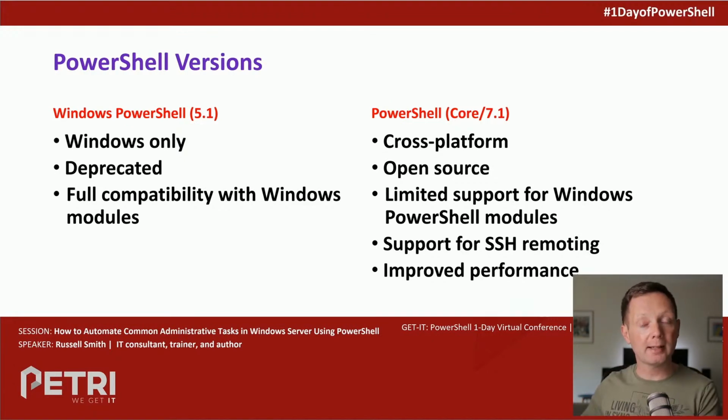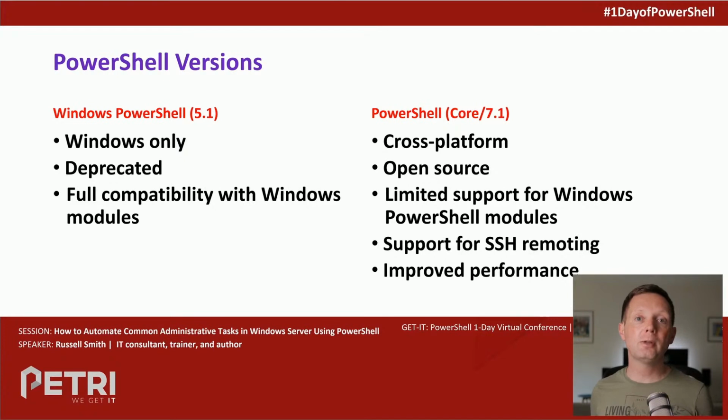Now PowerShell 6 and higher versions, we're now on PowerShell 7.1 as this webinar goes out, is cross-platform. So it works on Windows, although it's not installed by default at this stage, and it also works on Linux and Mac OS.